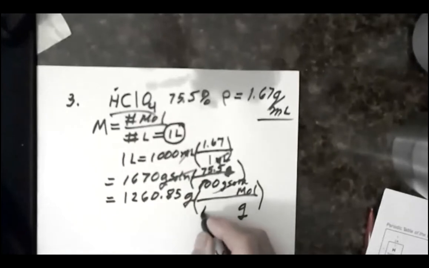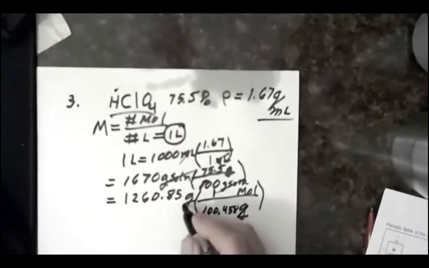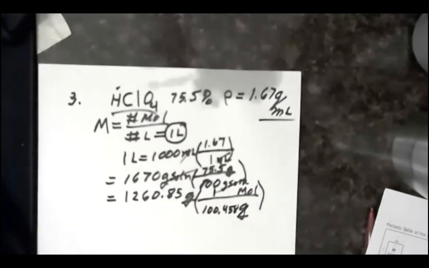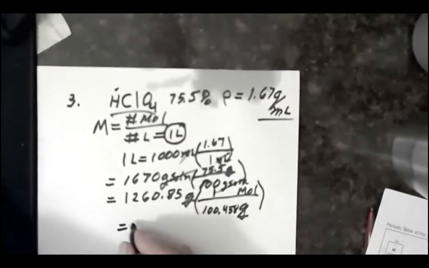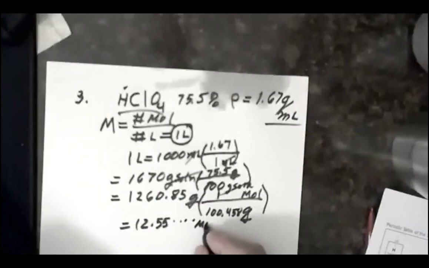So that comes out to be 100.458 in 1 mole. So I want to take this answer and divide it by what I've got on my screen. So I've got 1260.85 divided by my answer, and I come up with 12.55 and some other digits moles.